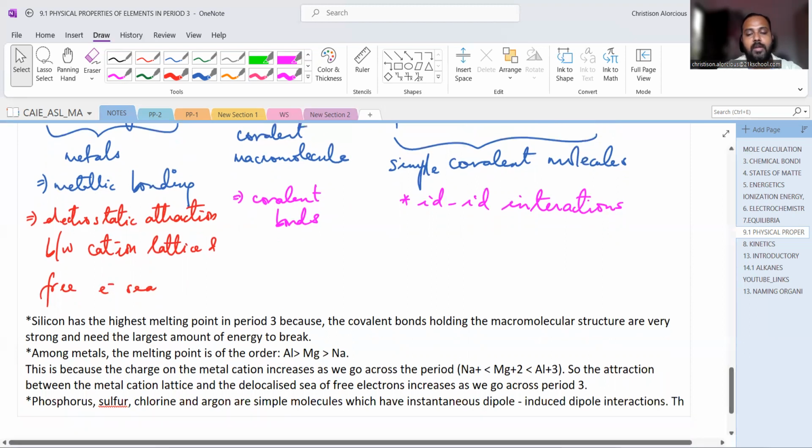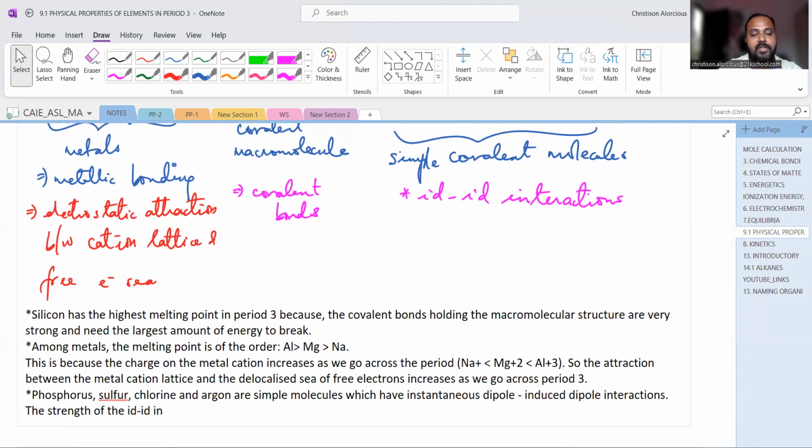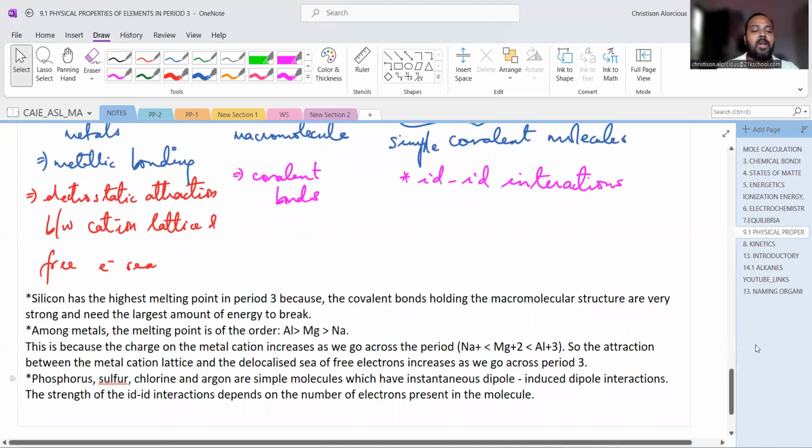The strength of the ID-ID interactions, as we've all studied, depends on the number of electrons present in the molecule. If we're just looking at the element, that will be phosphorus with 15, sulfur with 16, chlorine 17, argon 18. But it's the total number of electrons in the molecule that matters.